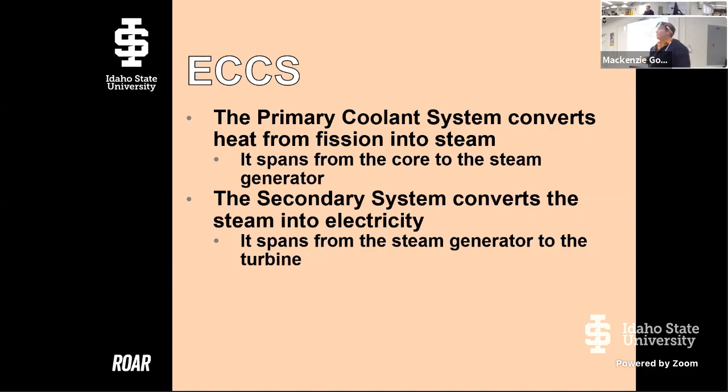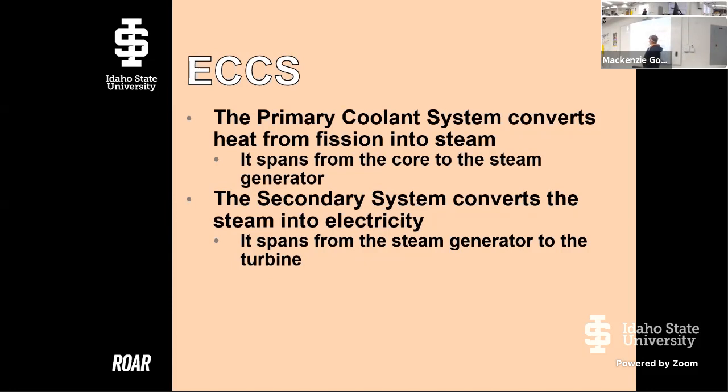Its job is to convert the heat from fission into steam. And it goes from the core to the steam generator. So whether that steam generator is inside your pressure vessel at the top of your core in a boiling water reactor, or if it's in a loop just outside your pressurized water reactor, there's some primary loop. The primary loop is contaminated radioactively, okay?